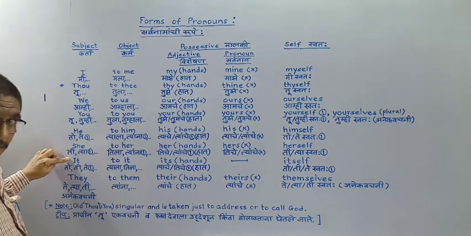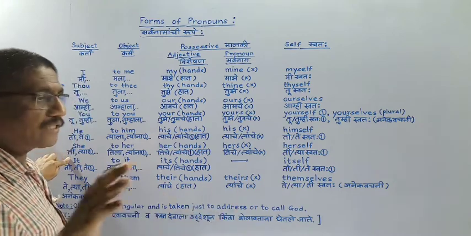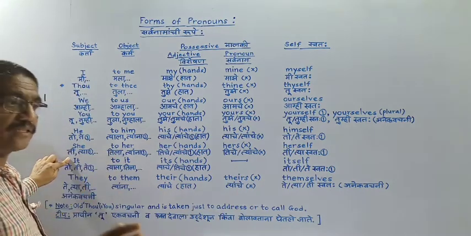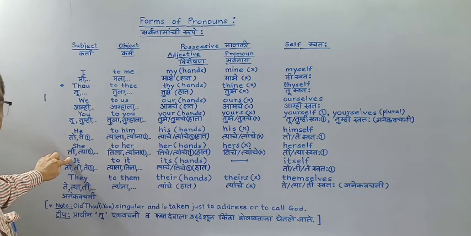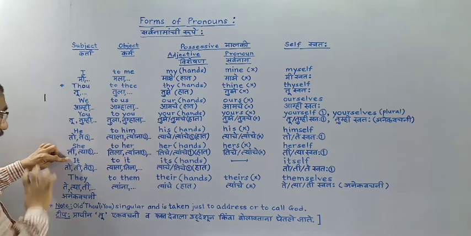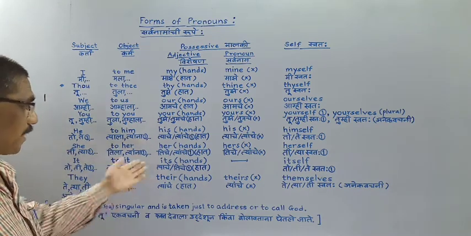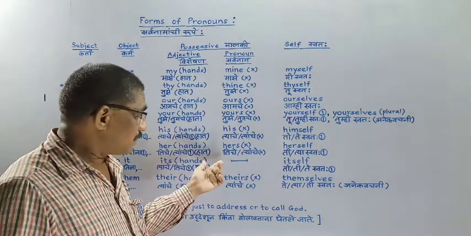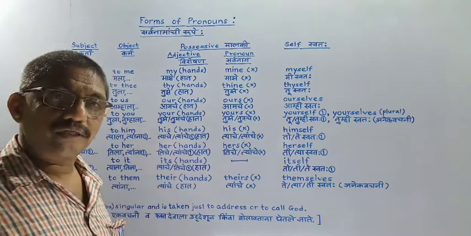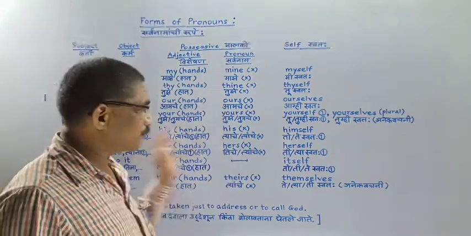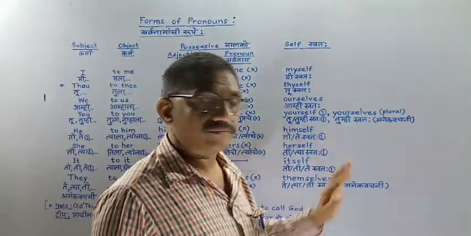It means not a masculine gender, not a feminine gender, it is neuter, like a tree, like a chair, like a table. So it is it, to it, its hands. Here the word is a gap, because there is no word in English for this type of use. Then comes itself.